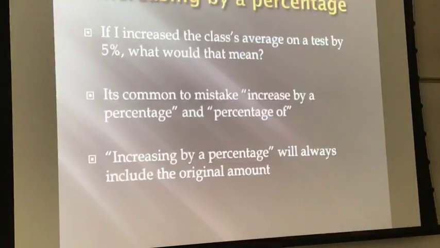In other words, you scored a 100, I'm going to multiply that by 1.05, right? That will give you 105. Or you can multiply it by 0.05 because that's what I'm increasing your grade by, but you've got to add the 100 back in, right? Because if you score 100 and you only get 5%, that's not increasing by 100. That's failing you out of class, right? So increase by percentage, you've got to add the original back in.